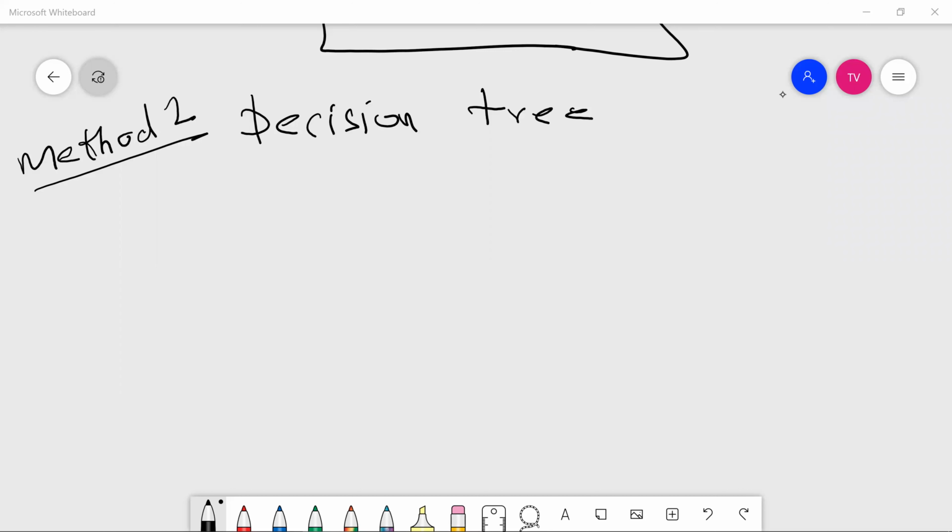So the first method we are going to use is the decision tree method.